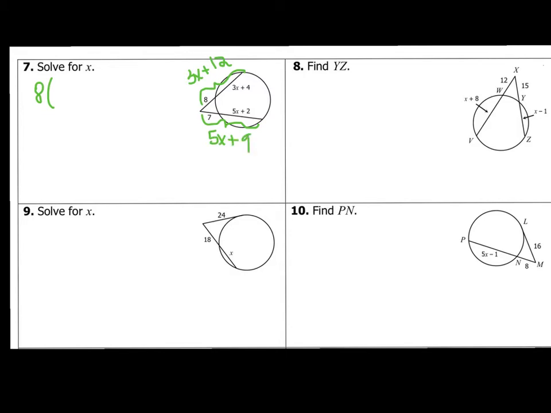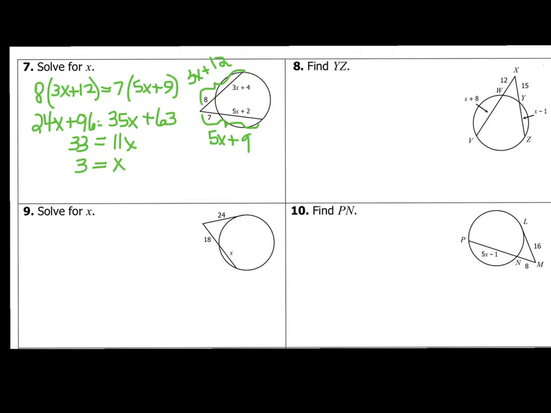So I know the formula is 8 times 8 plus 3x plus 4 equals 7 times 7 plus 5x plus 2. Now I'm going to pause to do the algebra. So I'm going to get x equals 3, and all they want me to do is solve for x.